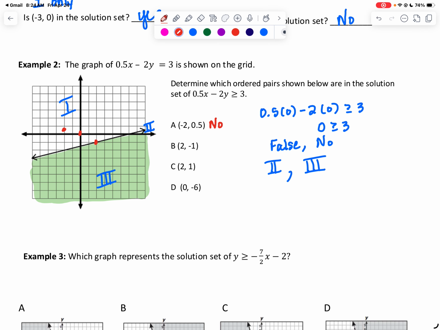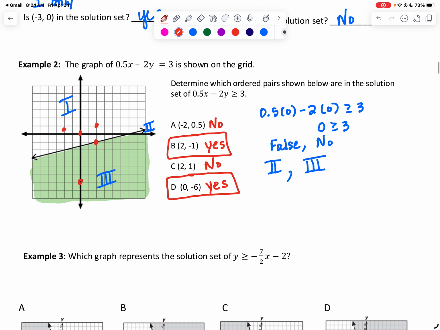That's on the line, so that would be a yes. 2, 1. That would be a no. And 0, -6. So 1, 2, 3, 4, 5, 6. That would be a yes. So the two solutions here are B and D.